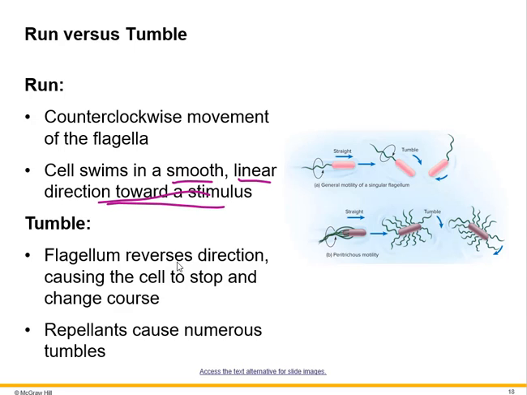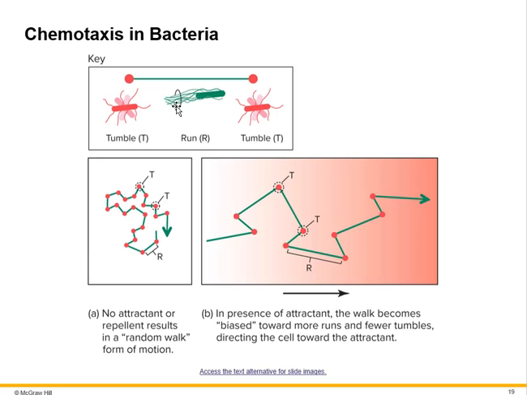And where you have a tumble, they're reversing direction, and it causes it to stop and change course, and that's usually when you have repellents. So you can see here, if there is a tumble, this is peritrichous right here. This is what peritrichous looks like. It has the flagella going in all directions, so it's like a bad hair day, and they're all spread out.